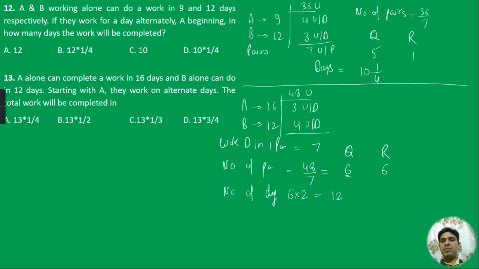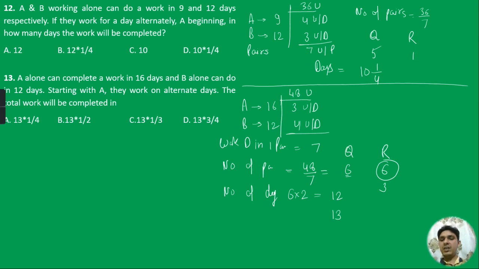Now 12 days of work has been done, and how much work is remaining? 6 work is remaining. So after 12 days, who will do the work? The person who has started will do the work. So out of this 6, on the next day, 3 work will be done, and the 13th day will be completed.